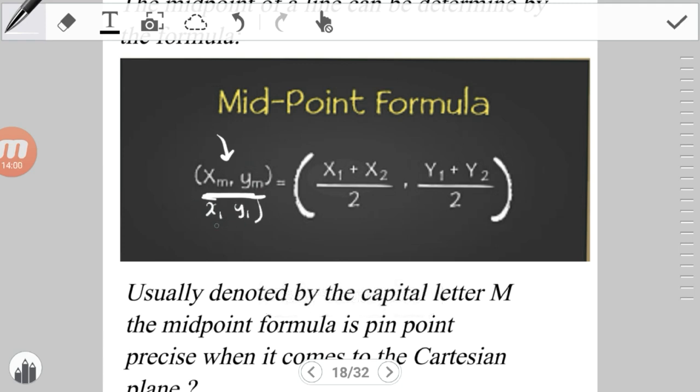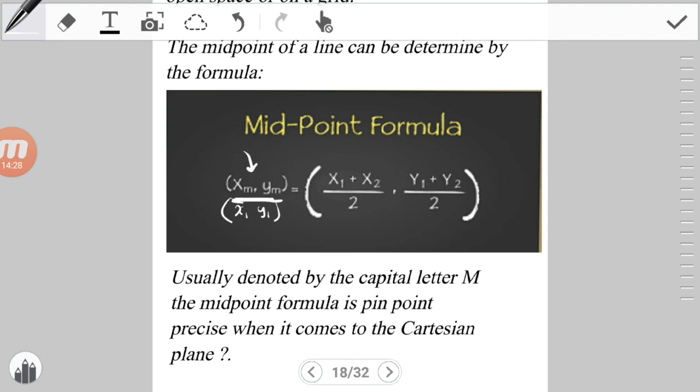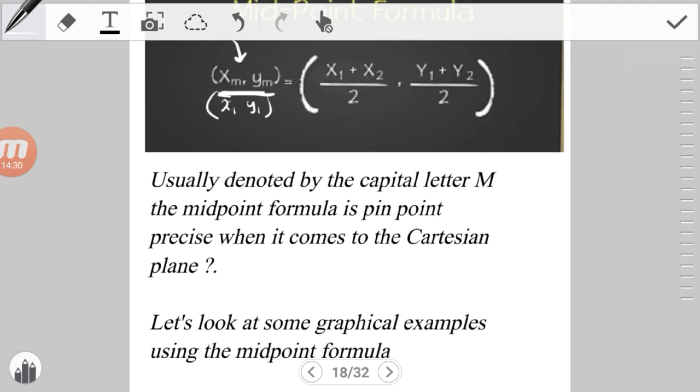So given a point labeled x1, y1, or x sub m, y sub m, the midpoint formula is derived by the division of the x ordinate values by 2, comma, y ordinate values by 2. That's x1 plus x2 divided by 2, comma, y1 plus y2 divided by 2. We've got to find some way, guys, to get that formula in our mental.